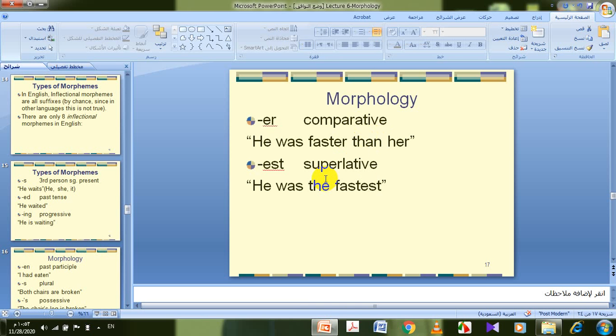EN, for example, in the past participle, I had eaten, or I have seen him. S in the plural, both chairs are broken. S possessive, Ahmed's car was stolen. ER in the comparative, he was faster, stronger, taller. EST as superlative, he was the fastest. These are the 8 types of inflectional morphemes.